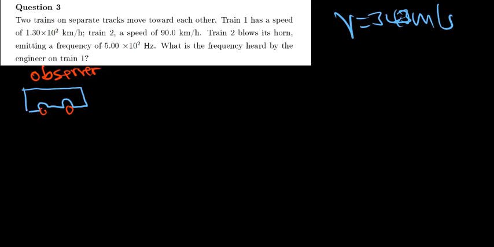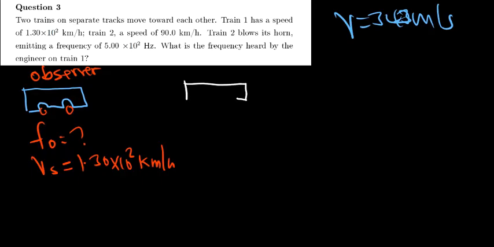We don't know the frequency the observer hears, which is the one we want to find. The velocity of the observer we have been told is 1.30 times 10 raised to the power 2 kilometers per hour. We go to the other train, which is train 2, and we have been told that these 2 are moving toward each other.